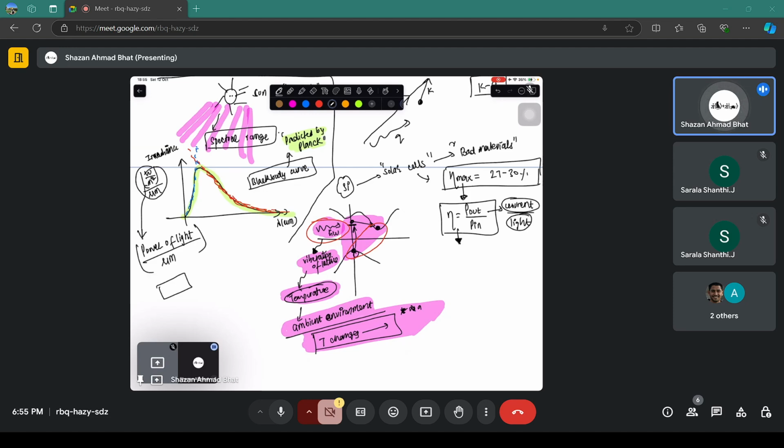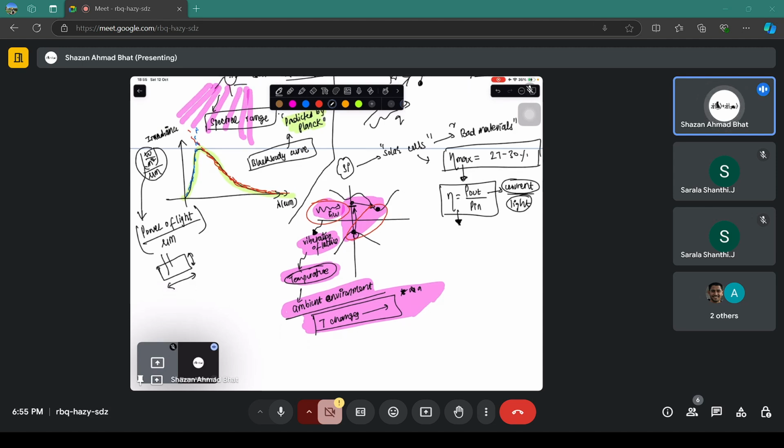It's the power per unit dimension of that particular system. Because power is basically energy per unit time, you can write it as watt per meter square.